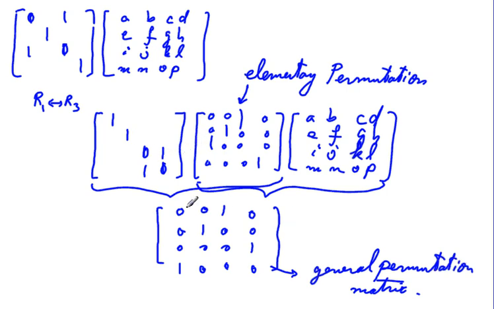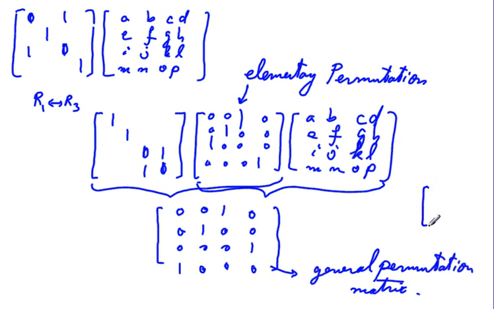Now, this general permutation has a special look to it. Look at it for a moment and tell me what you can discover about the way the ones and zeros show up. If you want to give a description of such matrices, what kind of description comes to your mind? We want a matrix that captures the idea that we are practicing here. What is so special about the way zeros and ones show up in this matrix?